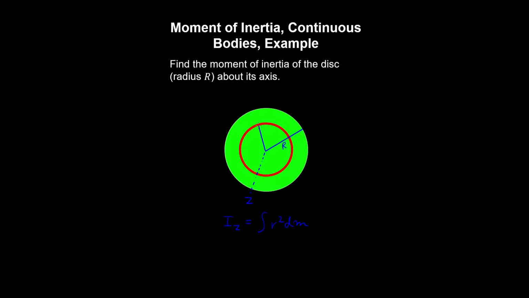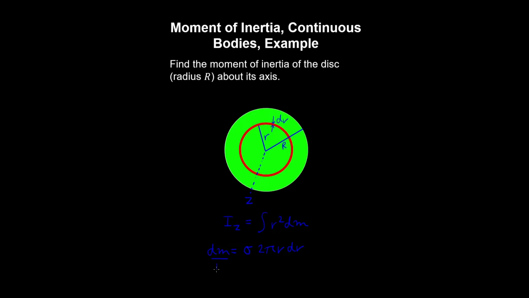And the radial distance of that ring from the center is r, and the thickness of the ring is dr. So therefore the area of that ring is 2 pi r dr, and then multiplying that by the areal density gives us a differential mass.